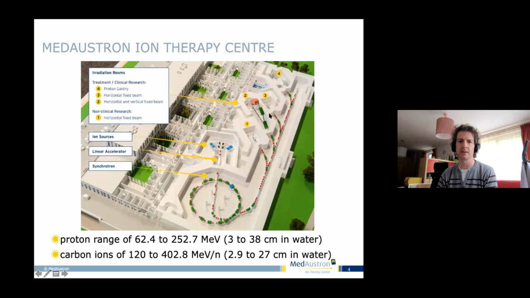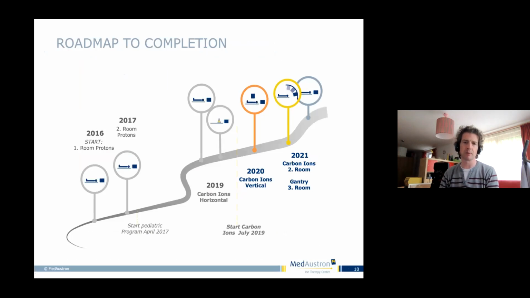You can see here that the treatment rooms have different configurations. At the moment we are operating 2 rooms with a horizontal and a vertical beam line, as well as 1 room with a horizontal beam line, and we are soon starting to treat early next year with the proton gantry. But for the moment, we are treating mainly with fixed rooms.